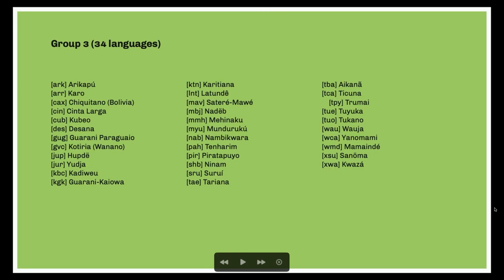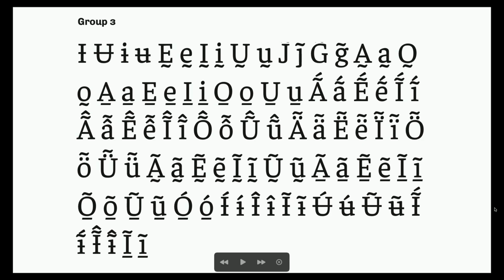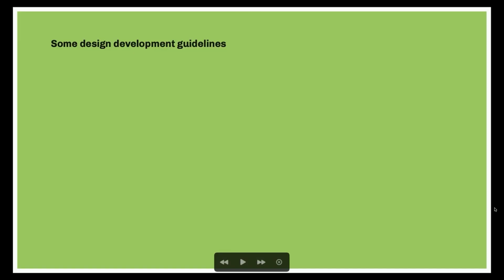And group 3 is the most complex because it has a lot of mark-to-mark positioning and substitution, so you need some OpenType routines for this to work well. For example, I'll show some of them right now.